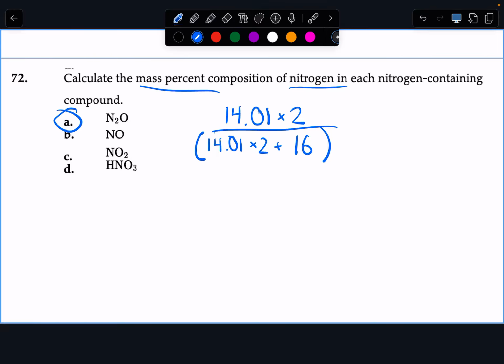Okay, so I think this comes out to be 64%. So times 100, because percent means per century, per 100. Just double checking I remembered that right.